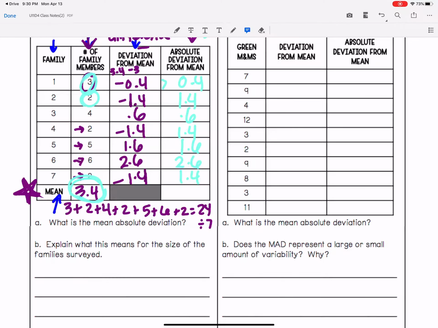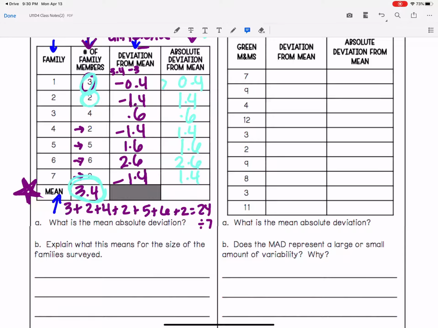All right, in my calculator, this is what I'm typing in. Follow along with me if you can. I'm going to add 0.4 plus 1.4 plus 0.6 plus 1.4 plus 1.6 plus 2.6 plus 1.4 equals, and then I have to divide by how many numbers we just added together.